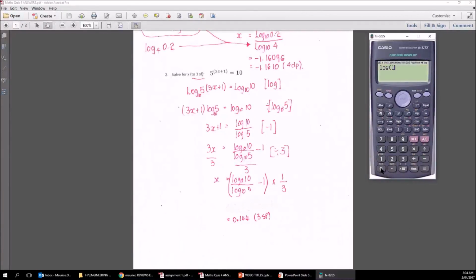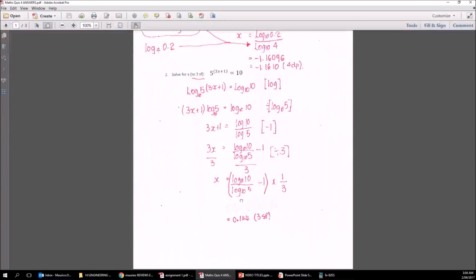Log 10, close the bracket, divided by log 5, close the bracket, equals minus 1, divide 3, equals 0.144 to 3 significant figures. And it's important that you show the 3 significant figures.